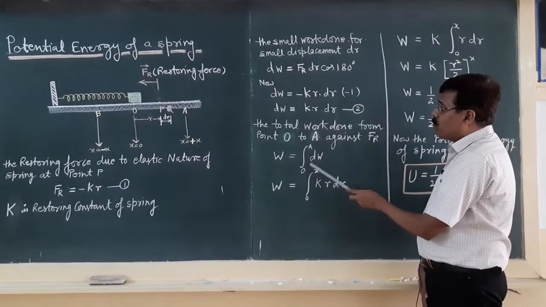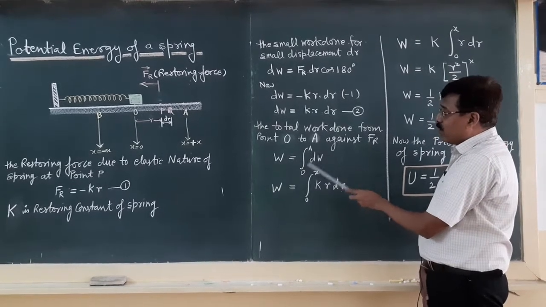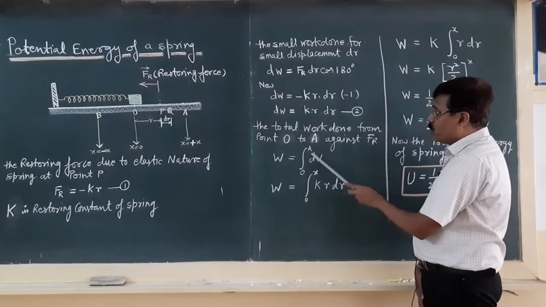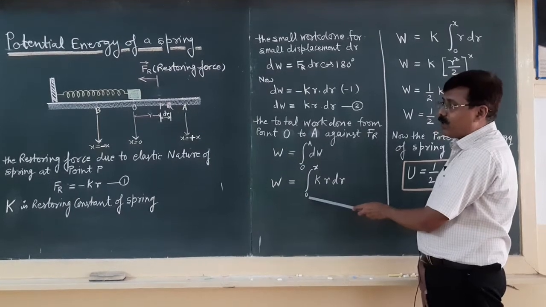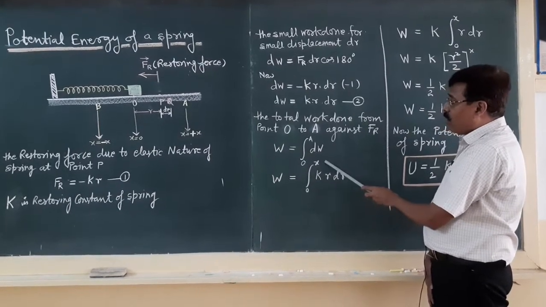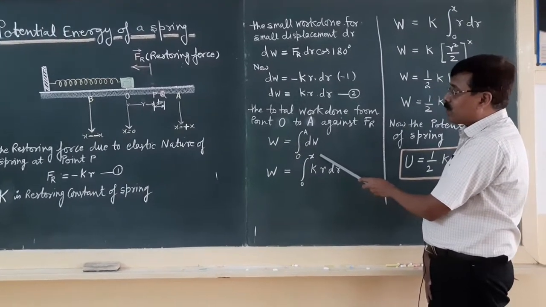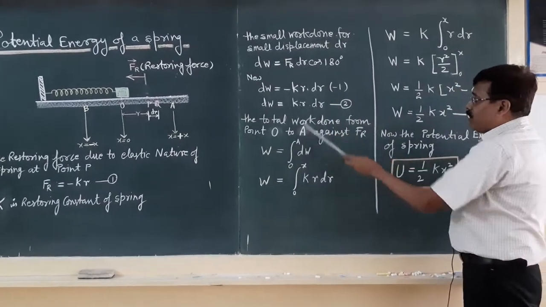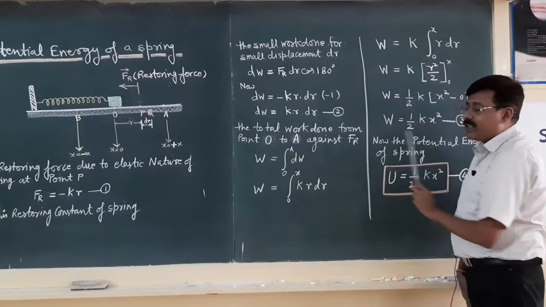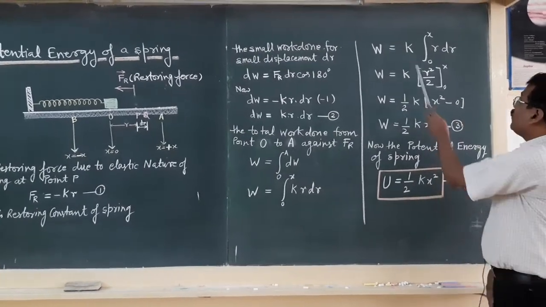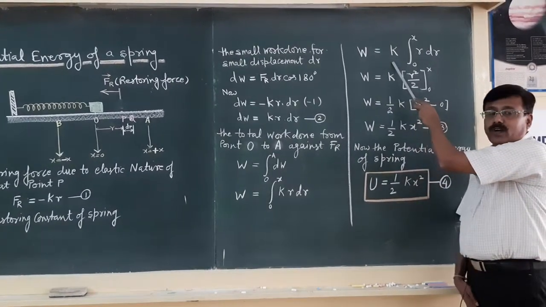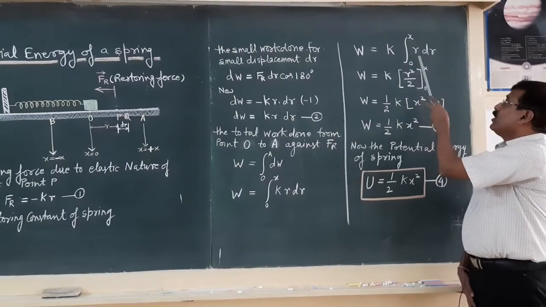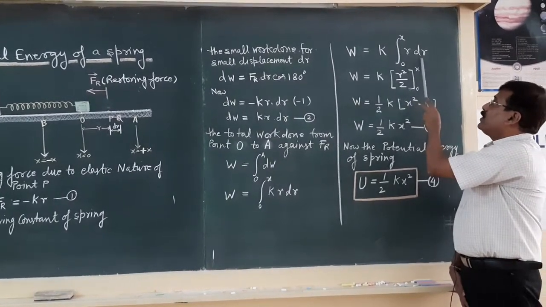W is equal to the integral from O to A. When you put the limits, the initial value is 0 and the upper limit A is the maximum displacement, plus x, and the value of dW is equal to kr dr. For integration, we take the constant value outside of the integral. So, we have to integrate r dr.